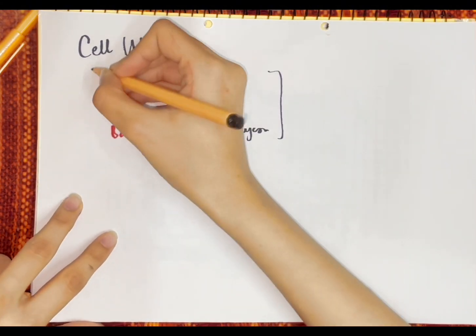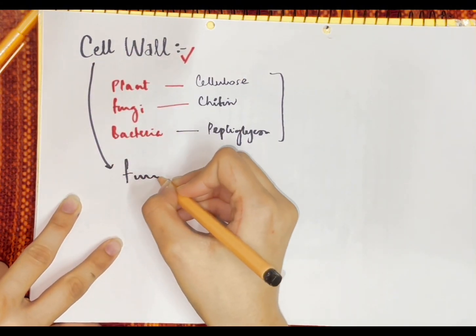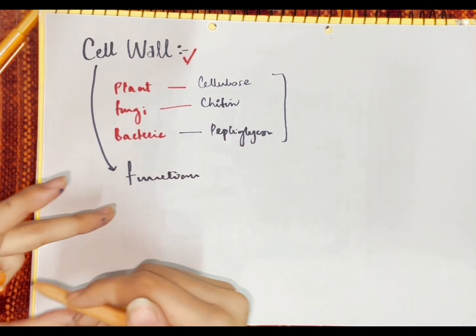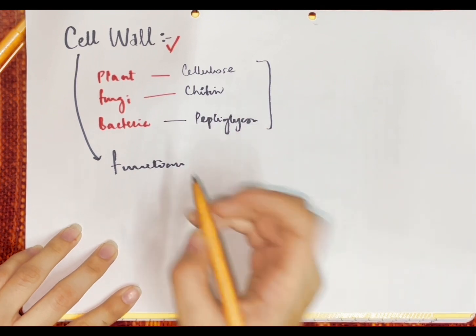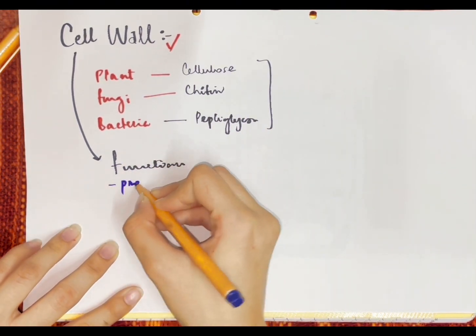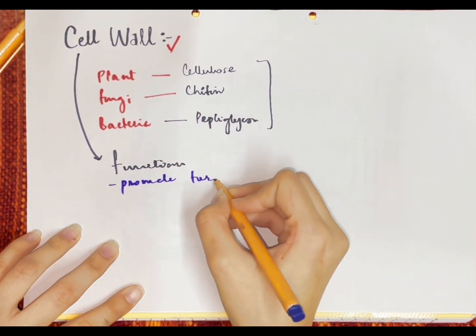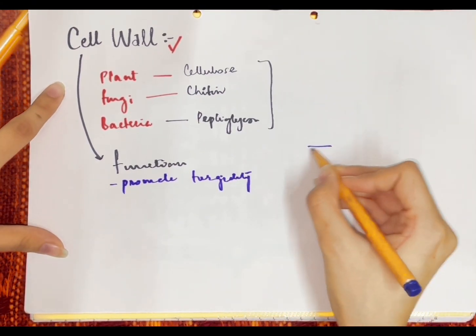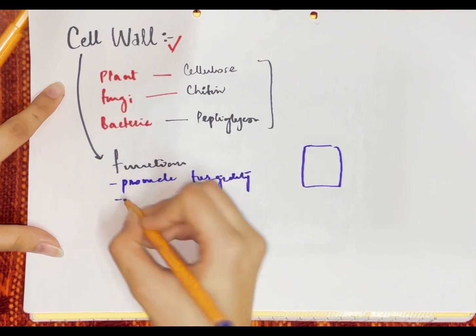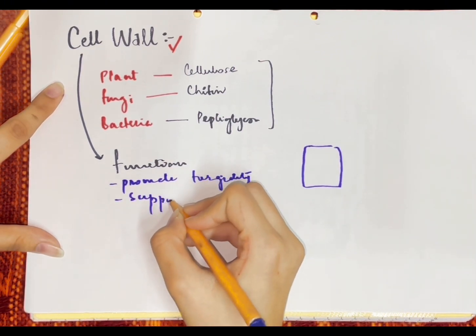Let's talk about some important functions of the cell wall. The cell wall provides rigidity. It keeps the cell in its position. So the first very important point is that it provides rigidity to the cell and keeps it in its place. It provides support.